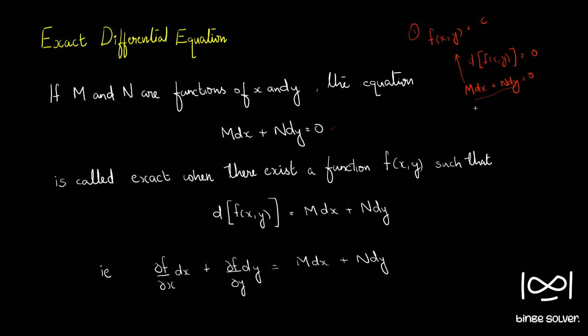And the next question will be how to find this f of x, y, right? Given M dx plus N dy equal to 0, how do we check whether the given equation is exact or not, and if it is exact, how do we find f of x, y? This is the question part of this concept.